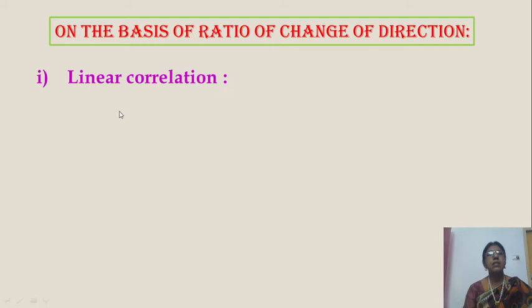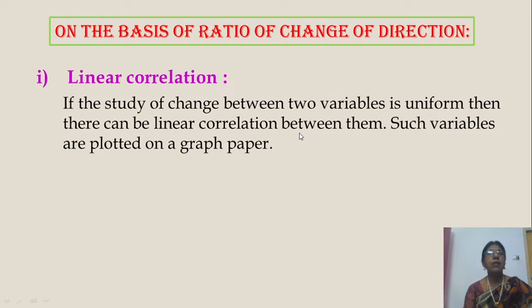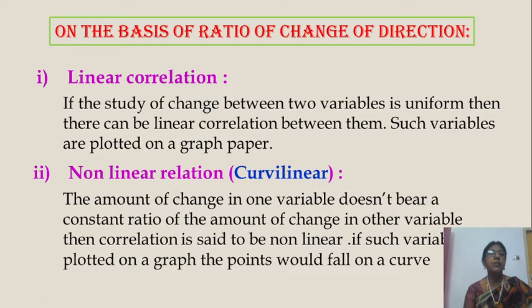The last one is on the basis of ratio of change of direction. Here mainly we have two types, linear correlation and non-linear correlation. First we see linear correlation.